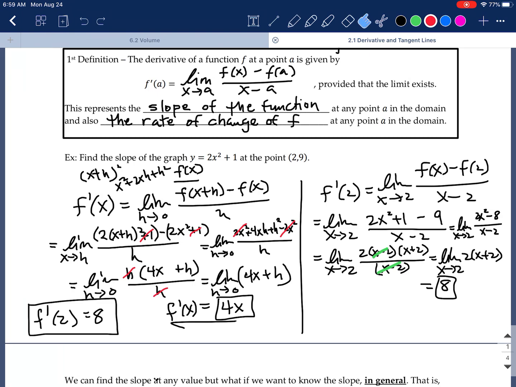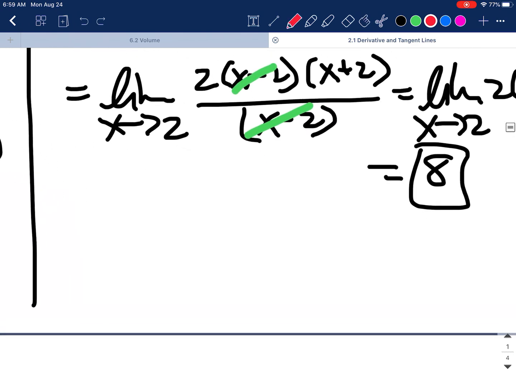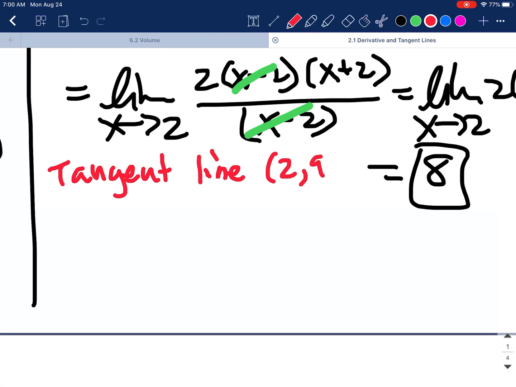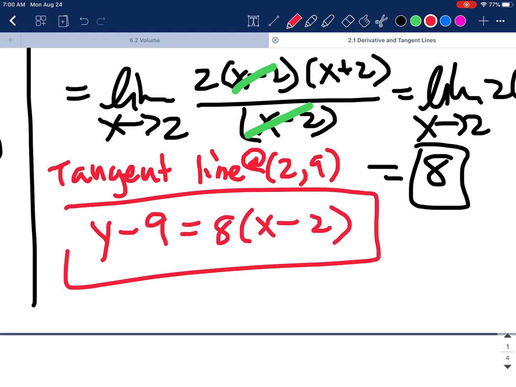And again, if I wanted to find the tangent line to our curve at (2, 9), that would be y minus 9 equals 8 times x minus 2. Boom.